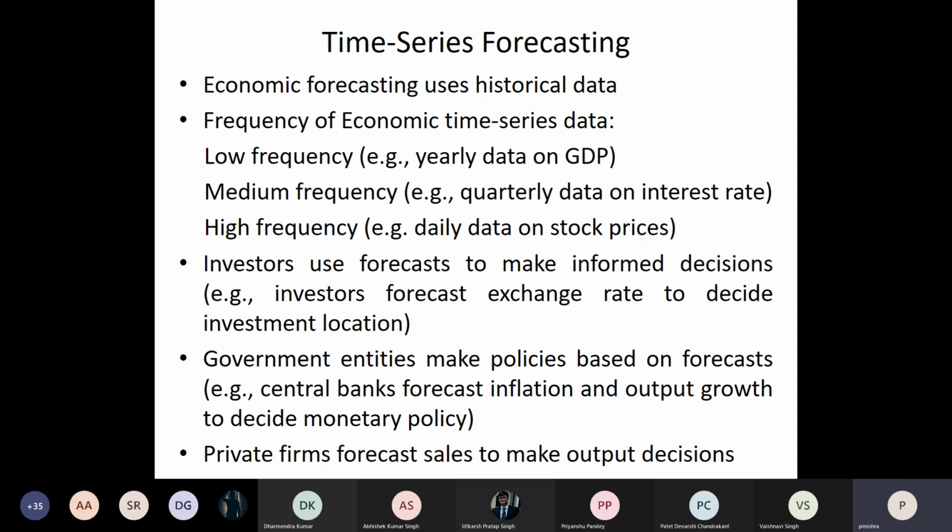So forecasting of different important macroeconomic variables in particular, like say inflation rate, interest rate, rate of growth of GDP, exchange rate, all would be very, very important. The private firms also forecast, say for example, about their sales, to make decision about how much to produce.